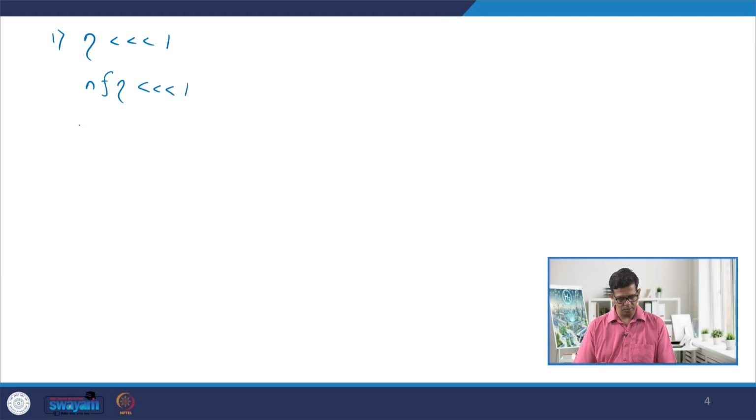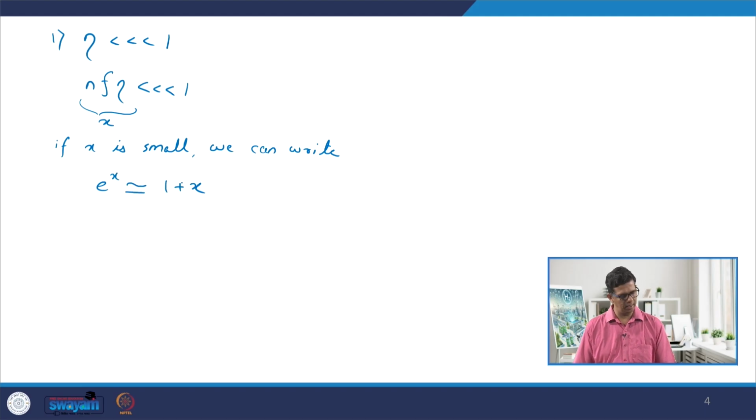Mathematically, I can assume this entire quantity is x. So if x is very small, we can write e raised to x as 1 plus x.